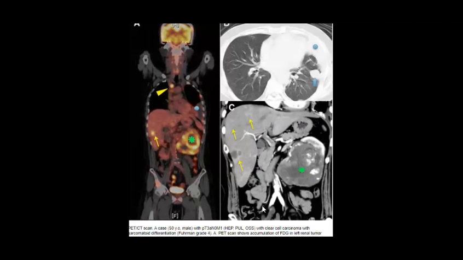Anyway, as you see, you should mention the metastasis, maybe the effusion, and the hepatic focal lesion, which is obvious here in the CT and the PET CT as well. And yes, perfect, again the right upper paratracheal lymphadenopathy.